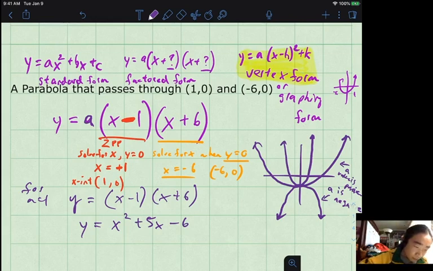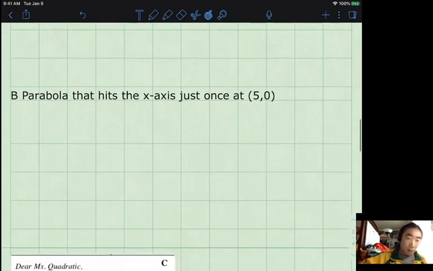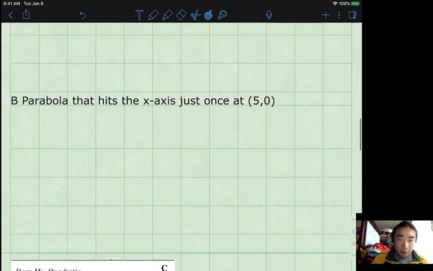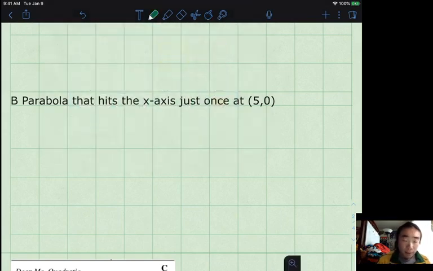Okay, so I'm going to scroll down. This is where it gets a bit more complicated. A parabola that hits the x-axis just once. We're lucky, it's still an x-intercept. So we could probably use factored form since we know one of the x-intercepts.